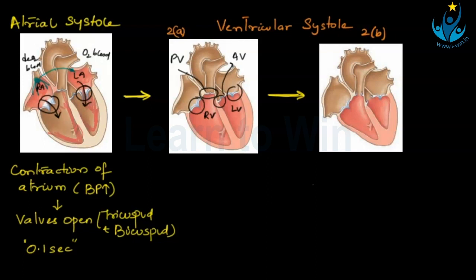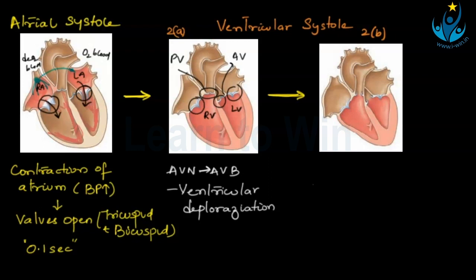So what is happening in 2A is the impulse is carried from the pacemaker to the AVN and AV bundles, and this starts with ventricular depolarization. But in 2A the depolarization has not reached its full potential.